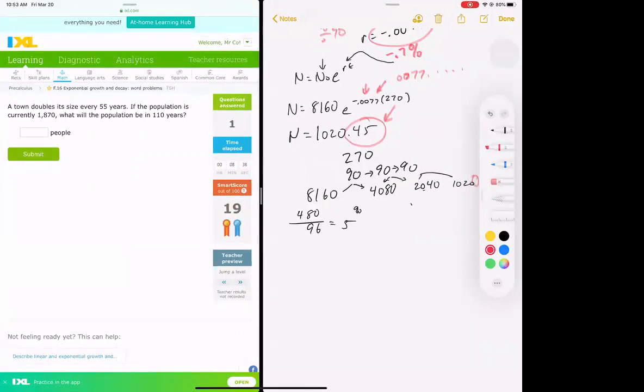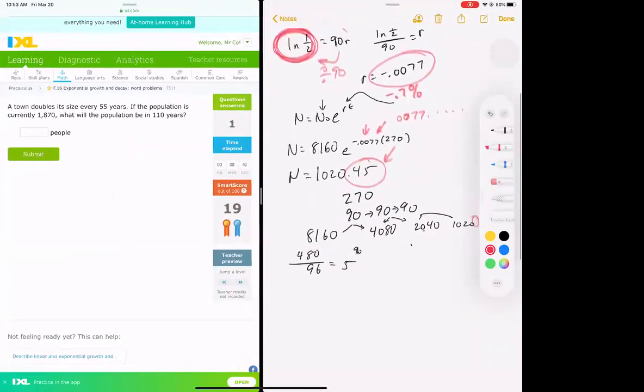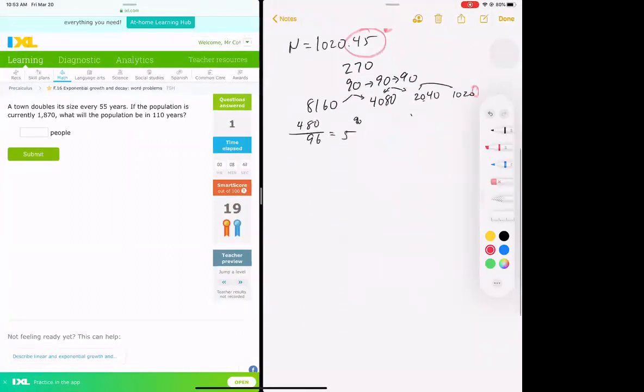Like these low-level problems right here, you can actually just do it directly, which is not the way you'll do it for harder problems. But let's say it says a town doubles in size every 55 years. If the population is 1870, what will the population be in 110 years?